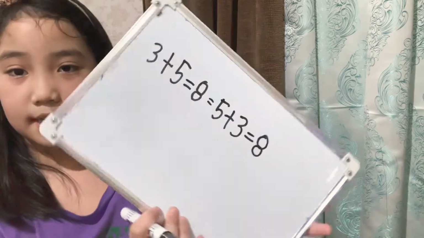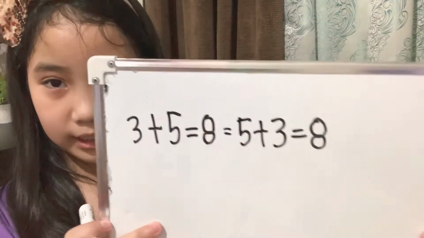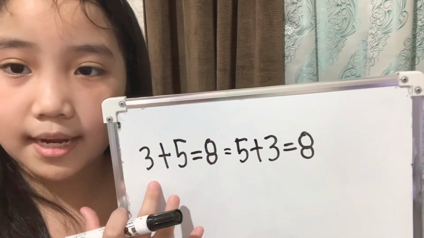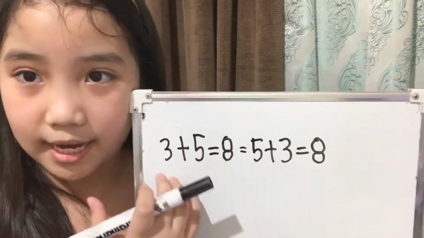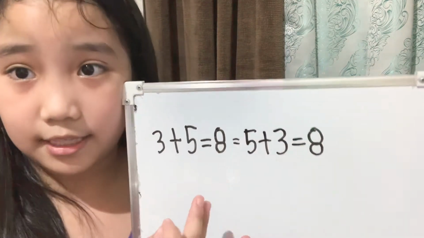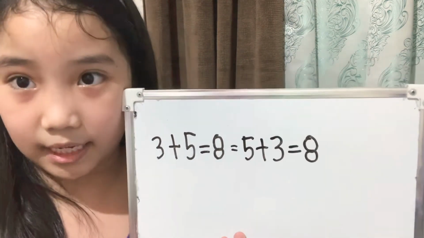So this is the example of commutative property. It's like the 3 and 5 and the 5 and 3, it just changed the addends. But the sum is still the same.